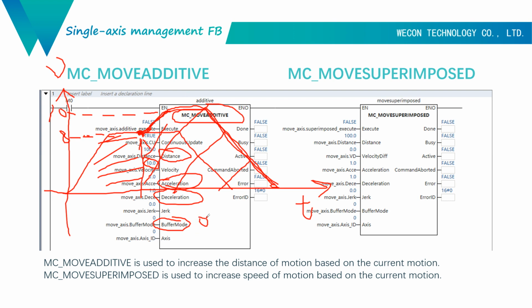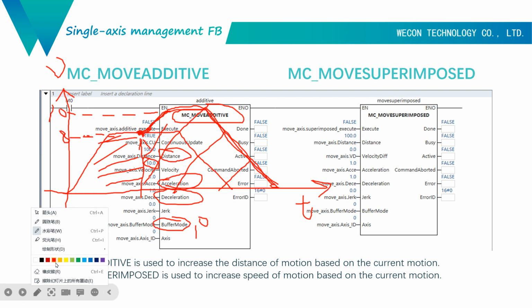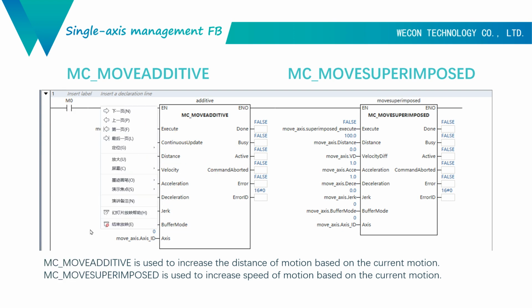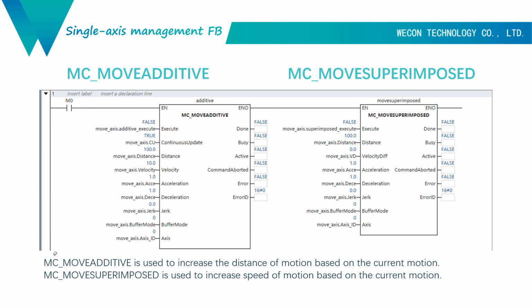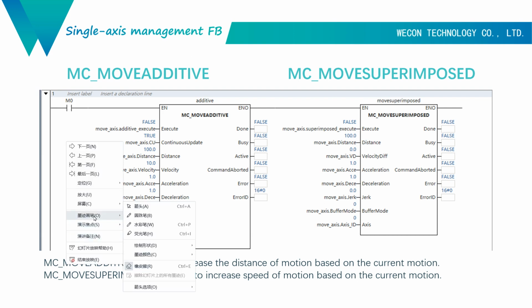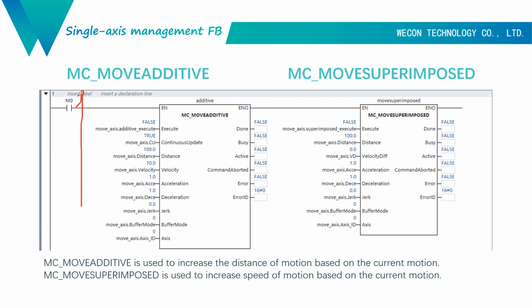And also, here, if we set the buffer mode as 1, this is our current motion.